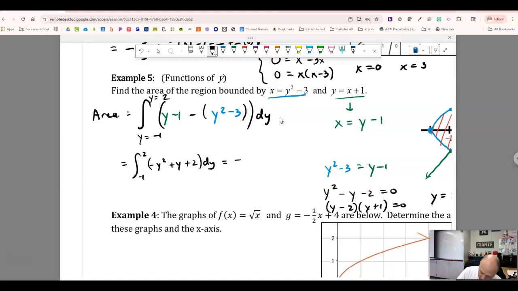And then here is our integration: -y cubed divided by 3 plus y squared divided by 2 plus 2y, evaluated from -1 to 2, and we can plug these in.